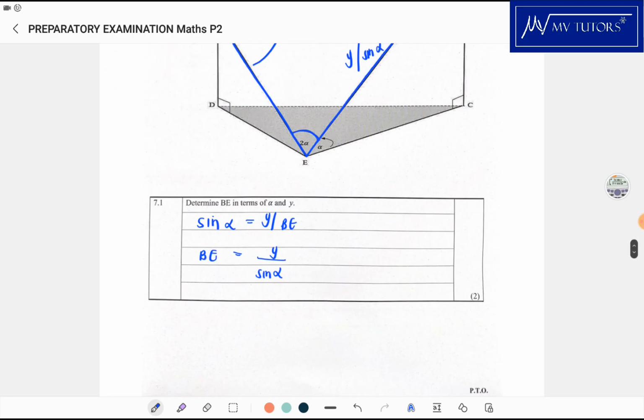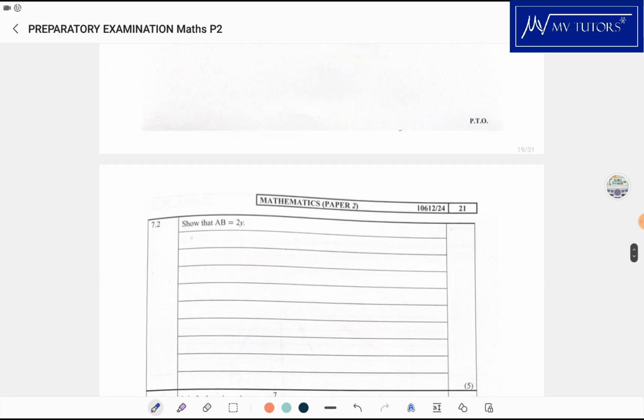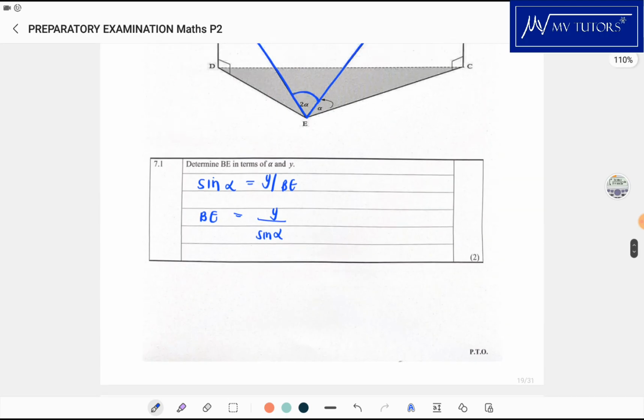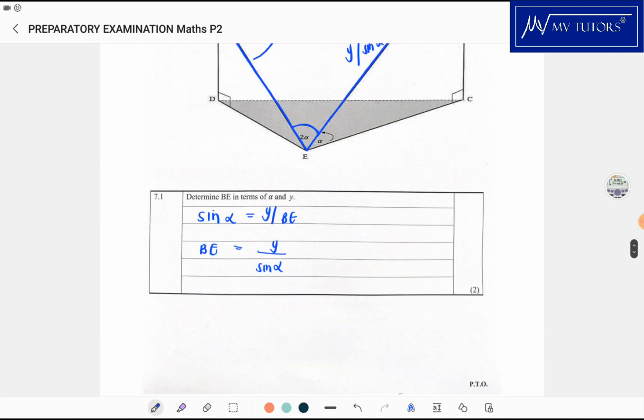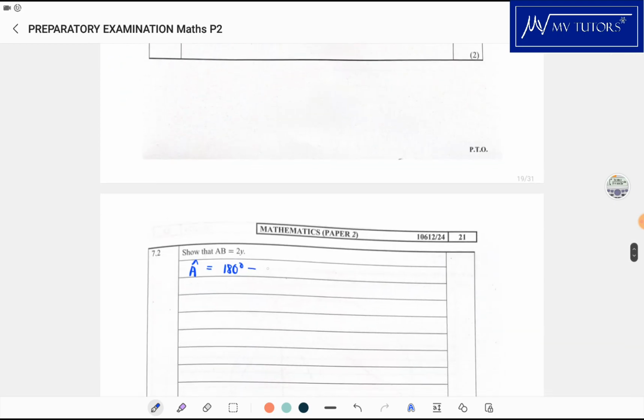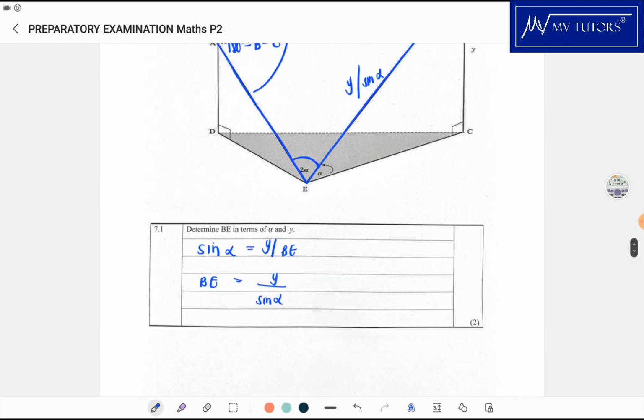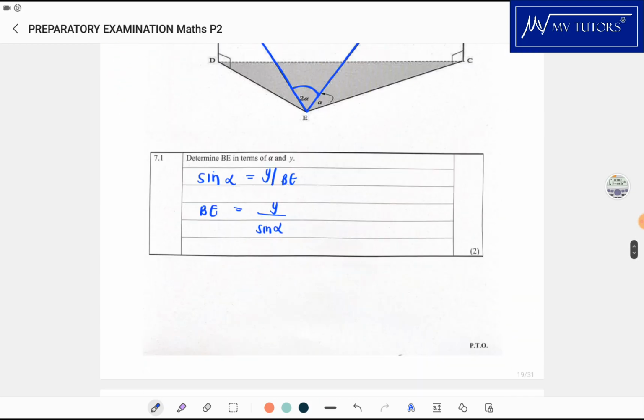A is 180 minus E and minus B. Remember, E is 2 alpha and B is 90 minus 3 alpha.